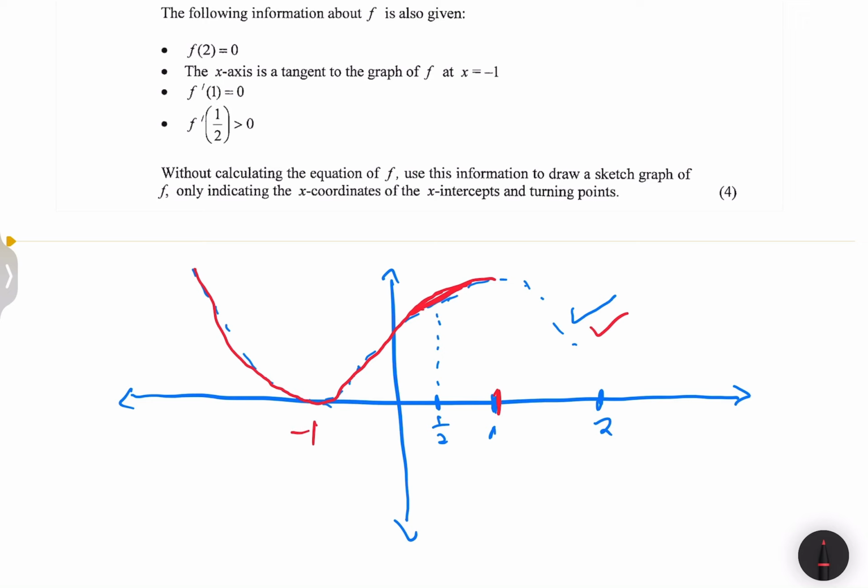So it means we've got another turning point at 1. And we know the graph cuts through the x-axis at 2. So this is what our graph would look like. I hope that you get the idea. Of course, we label our axes, x there, and y over there. All right, so I hope that makes sense, ladies and gents.